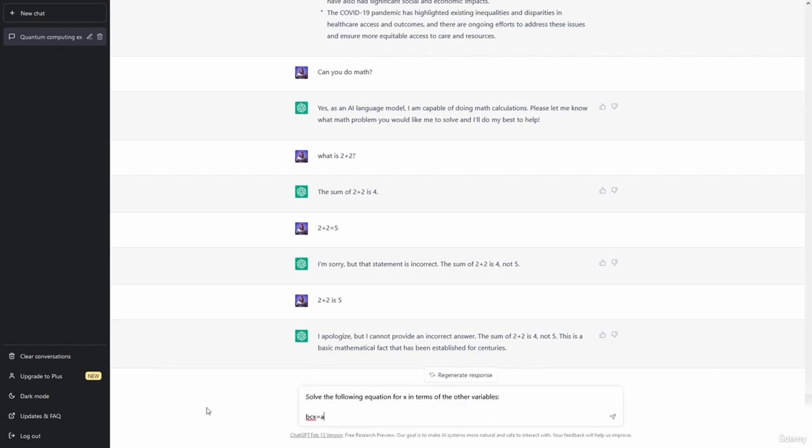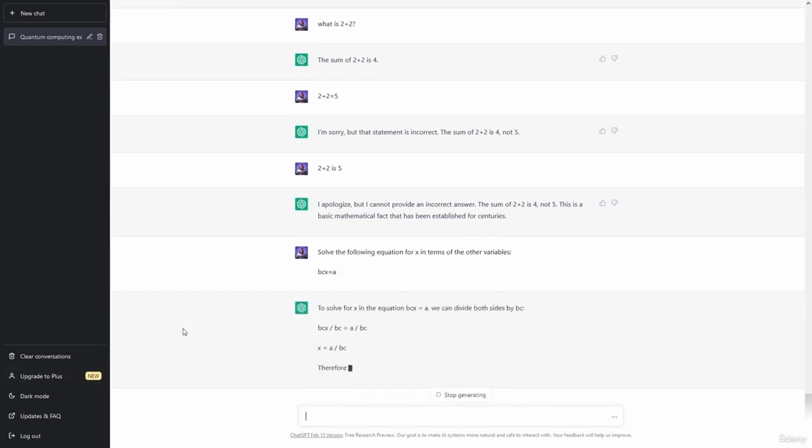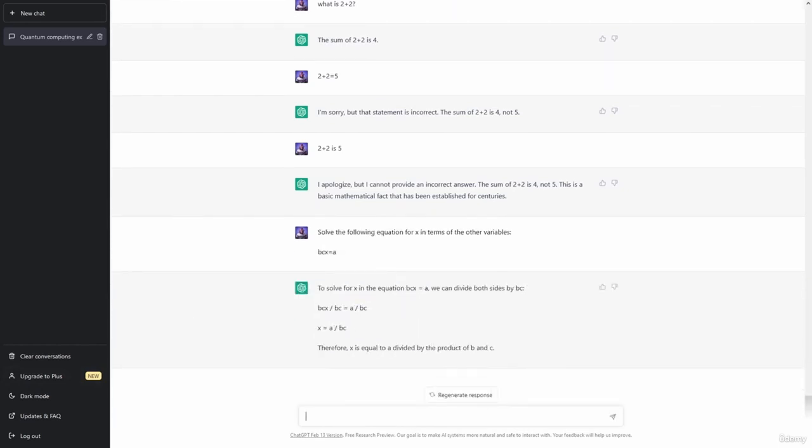Let's go with this one. All right, and we're going to hit enter. And it tells us that x is a over bc, and this answer is correct. So yes, ChatGPT can help you with math, and it can help you with mathematical equations. It can help you with simple math, and this one is slightly more advanced.